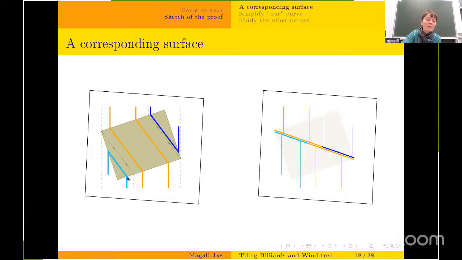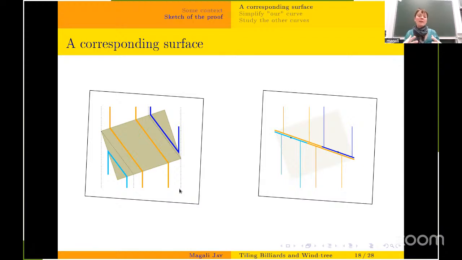Either I am turning around a corner, like for the blue, light blue and black and deep blue trajectories, the bottom corner or the top corner, turning around, or I am crossing the obstacle. And these are the only possibilities.